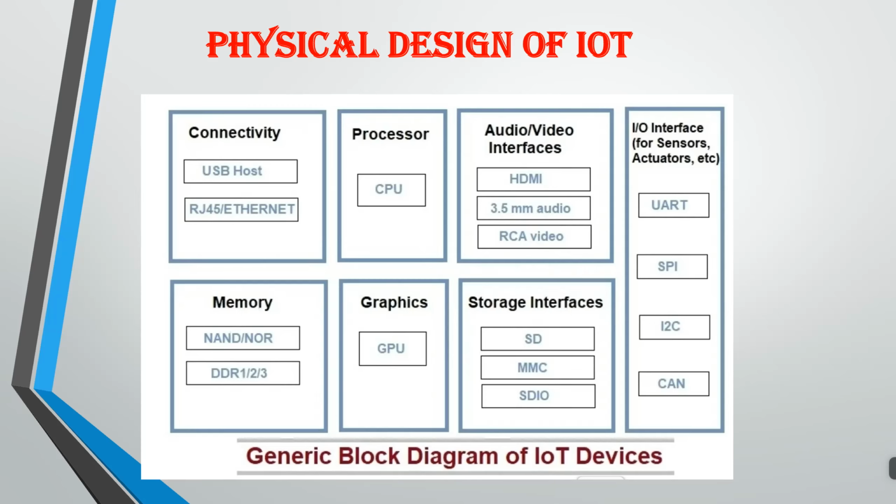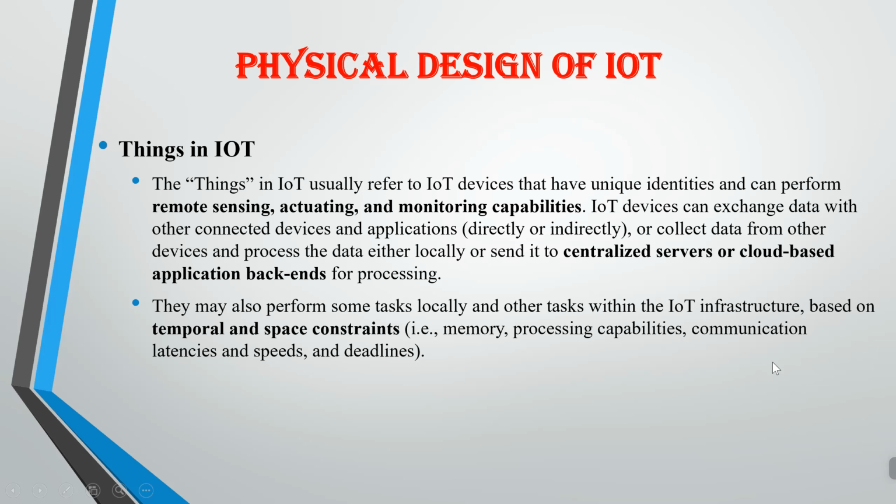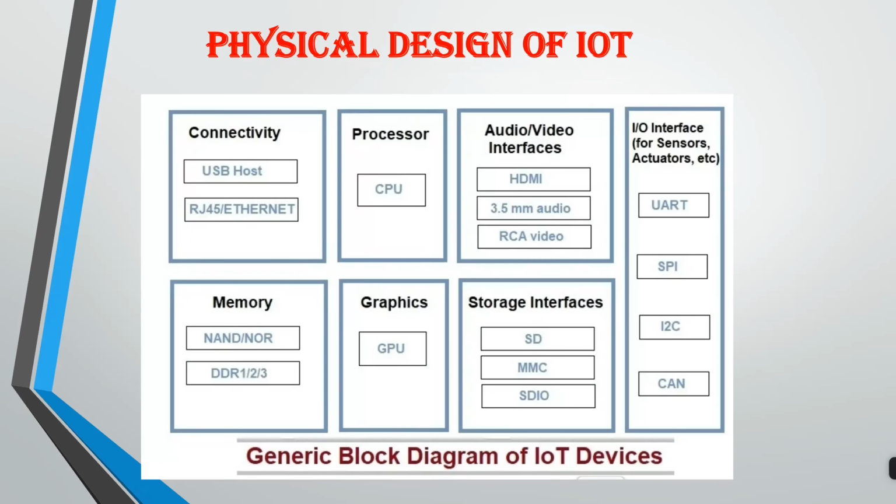Then for IO interfaces, for the sensors to be connected to the IoT system, we require UART, SPI, I2C or CAN. So like this, different connectors and interfaces we require. So we have seen the different parts of the IoT devices.